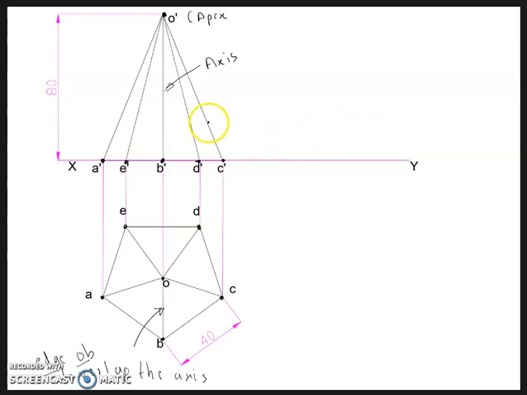Okay. So these are the slant edges in front. So that completes the outline of the object in front view and top view.